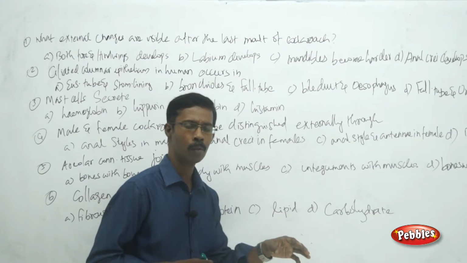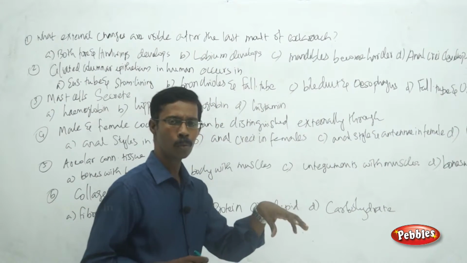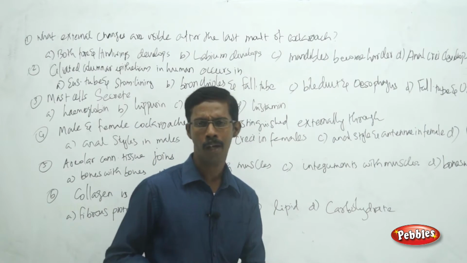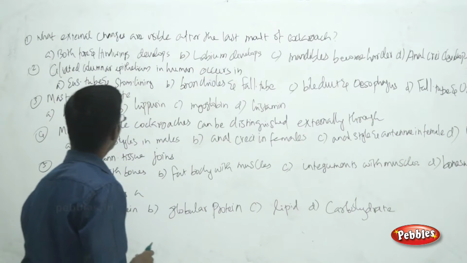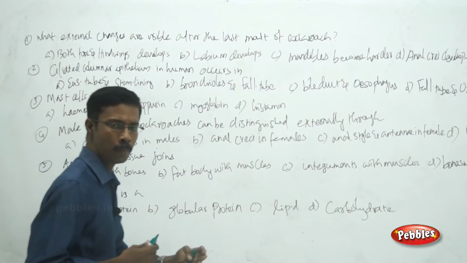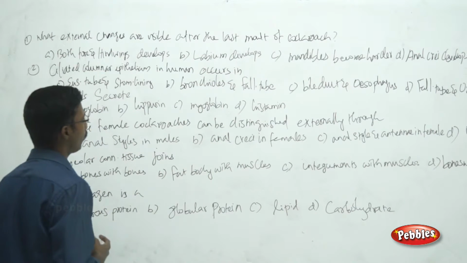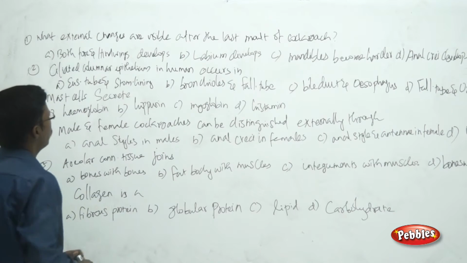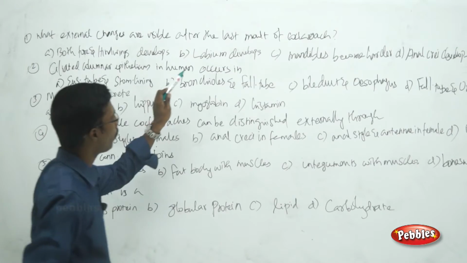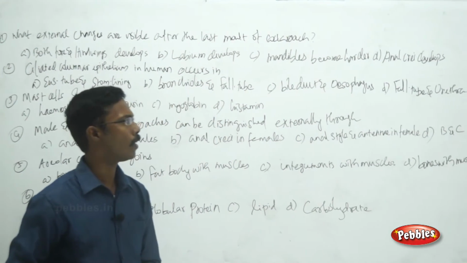They are going to go through the different nymphs, and through the moltings, and after the last molting they are going to develop into an adult form. So this question is talking about what will be the very visible change after the last molt in the development of the cockroach. And see the choices: both forewings and hind wings develop, labium develops, mandibles become harder, and anal cerci develop.